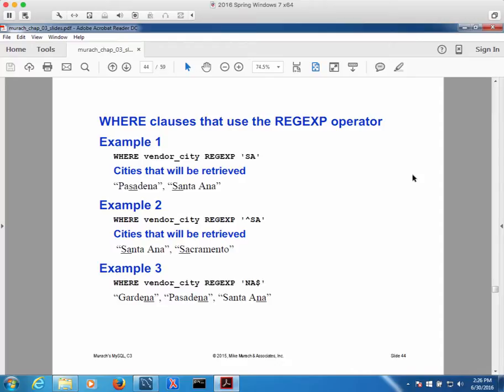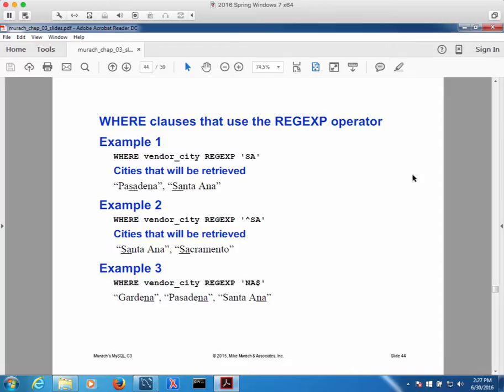So where vendor city REGEXP and then the character string that we're matching is this SA. So we're saying that if there is an SA anywhere in the string that we're trying to match, that is going to work. So wherever the SA is, that's going to work.